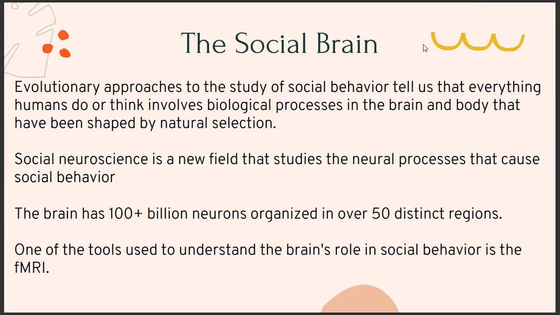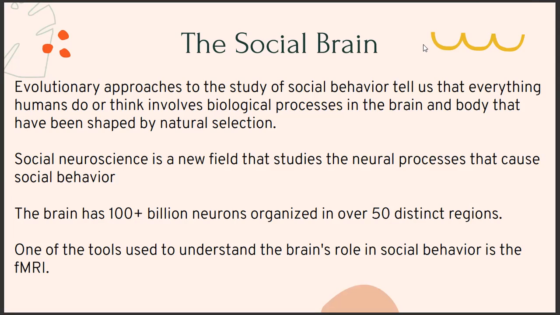Okay, so we're going to talk a little bit about the brain and how social psychology fits into how the brain works. Evolutionary approaches to the study of social behavior tell us that everything humans do or think involves biological processes in the brain and body that have been shaped by natural selection. Social neuroscience is a new field that studies the neural processes that cause social behavior. This is very difficult to study because the brain has over 100 billion neurons organized in over 50 distinct regions.